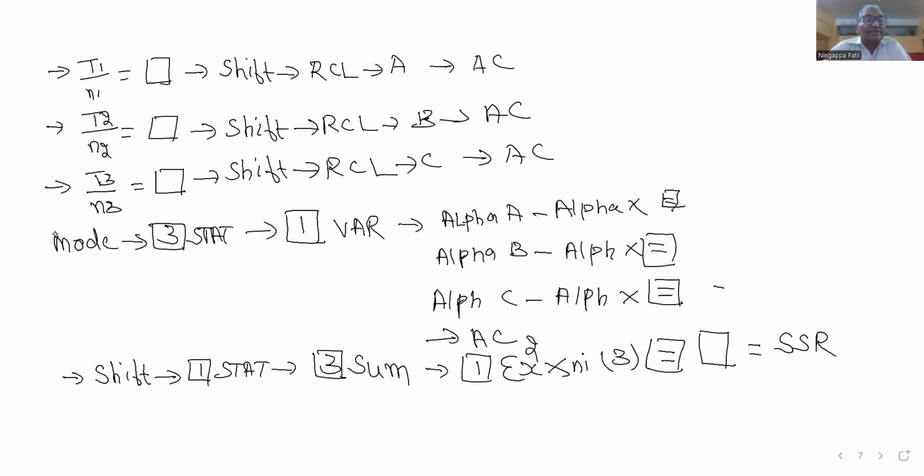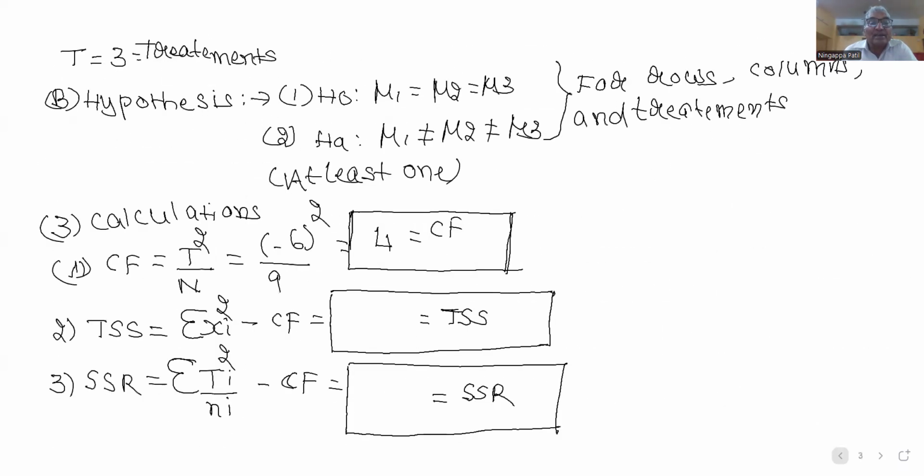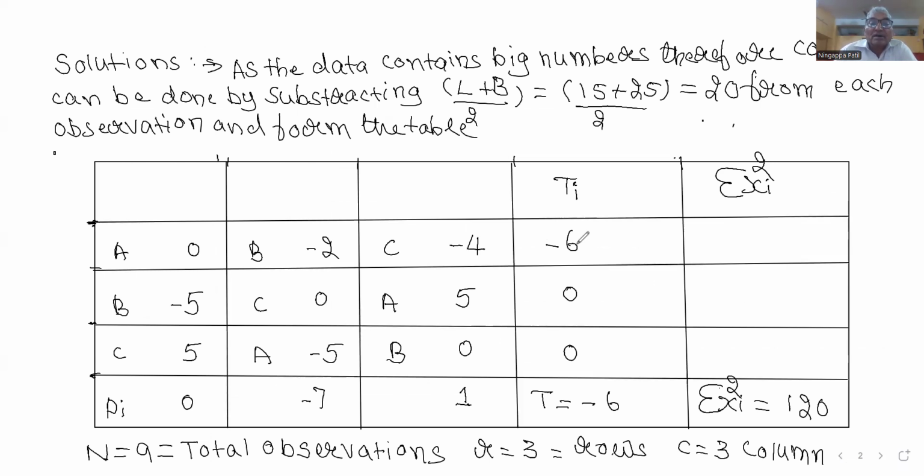Okay. Now, next. Ti upon Ni you have to calculate. Ti upon Ni means, see here, Ti: minus 6 divided by 3 equal to button. You press it and store this value in letter A, that is shift RCL A, AC.